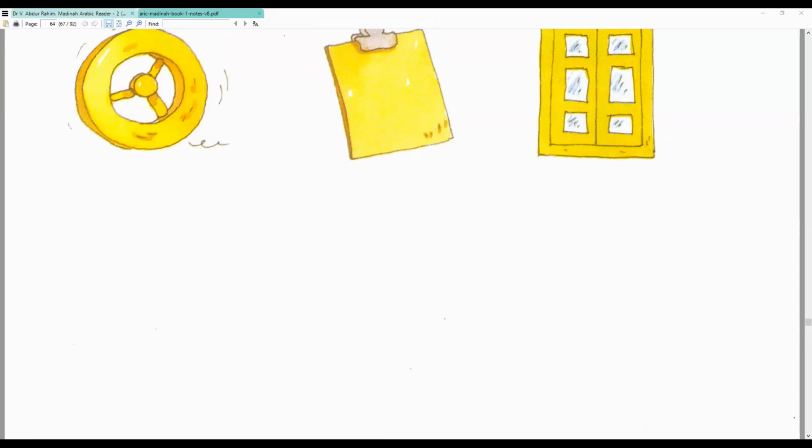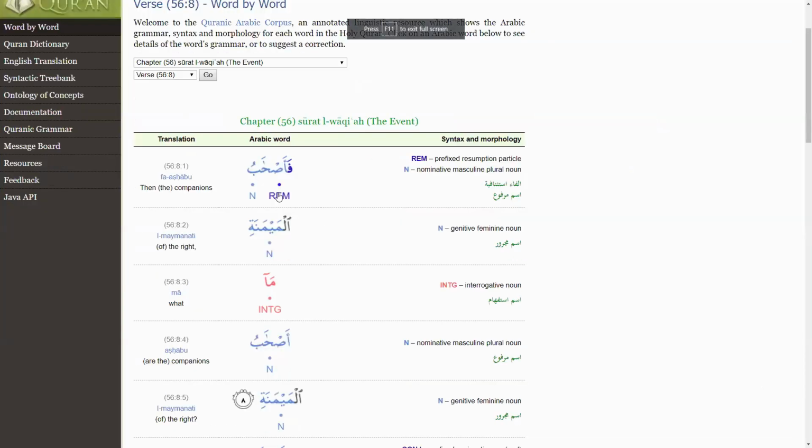So here it is. Allah subhanahu wa ta'ala says, فأصحاب الميمنة ما أصحاب الميمنة.